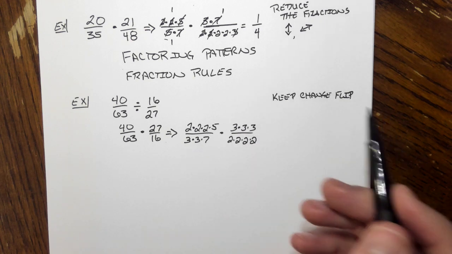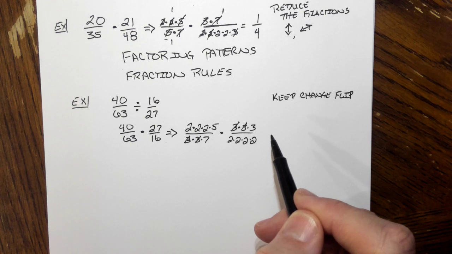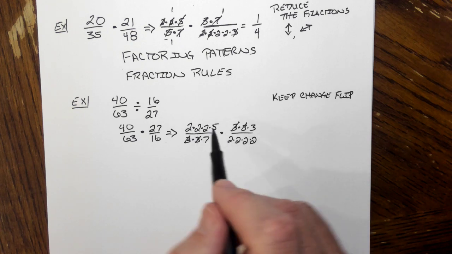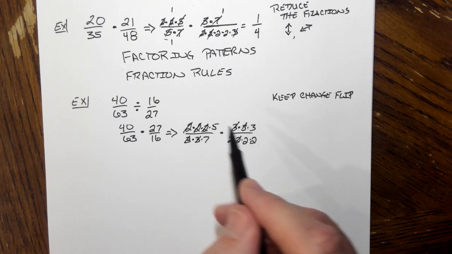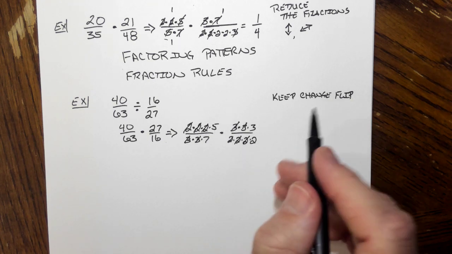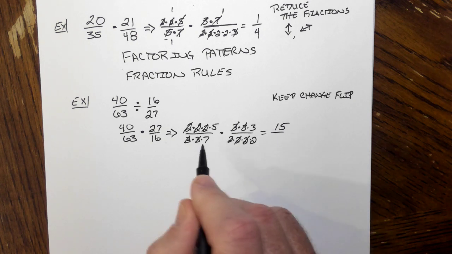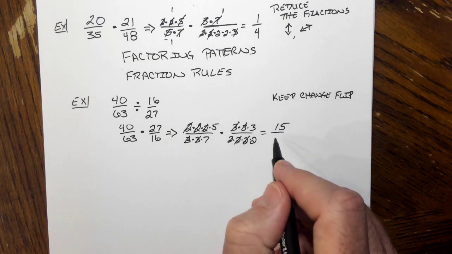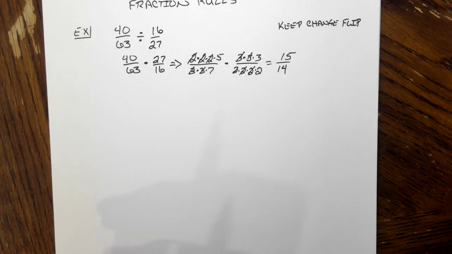So we look to start canceling. Here, here, here, here. I went diagonally on that. Nothing here, but we can go diagonally here. 1, 2 factors, 3 factors of all that. 5 times 3, 15. 7 times 2, 14. And again, improper fractions are fine. Keep it, done, move on.